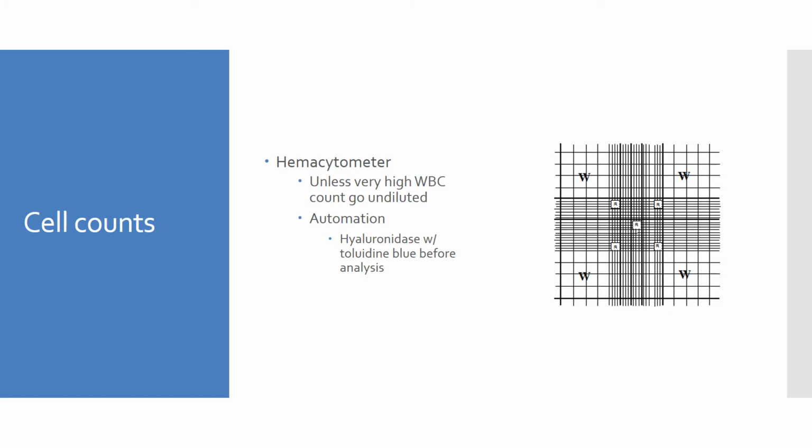And frequently we also will add toluidine blue, and that helps to also reduce the viscosity, and it'll prevent the formation of any coagulate. And we don't want that in our machines. Okay.